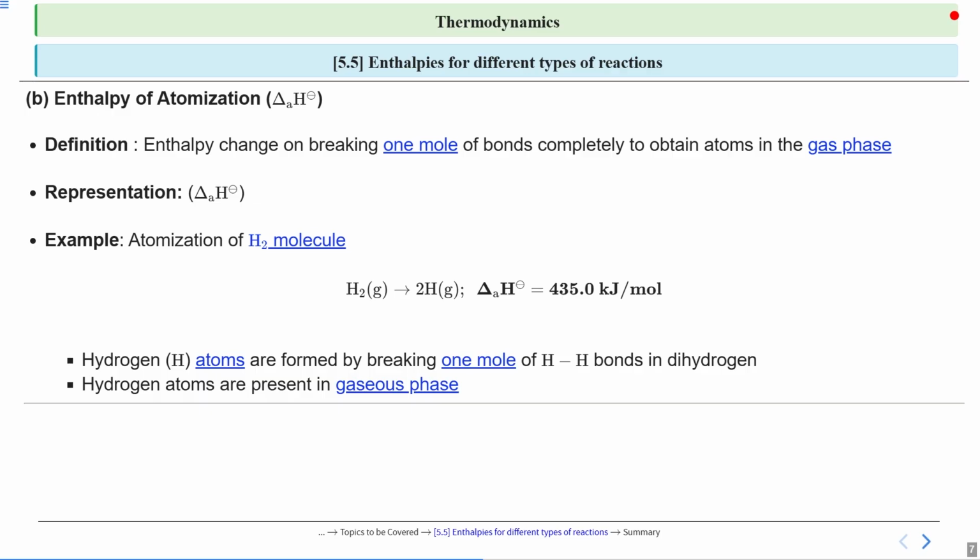The second thing is that the hydrogen atoms are formed and those are in the gaseous state. See, we are putting a g against this hydrogen. Therefore, the given reaction is the enthalpy of atomization. This is self-explanatory, because we are converting our molecule into atoms and therefore we call it enthalpy of atomization.